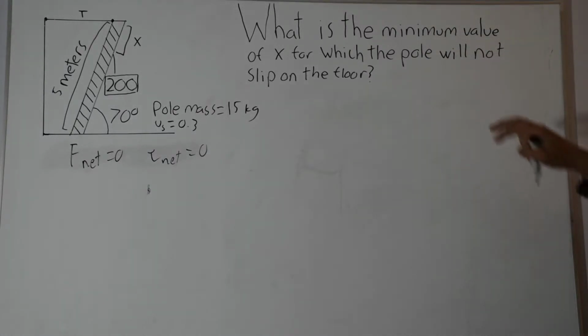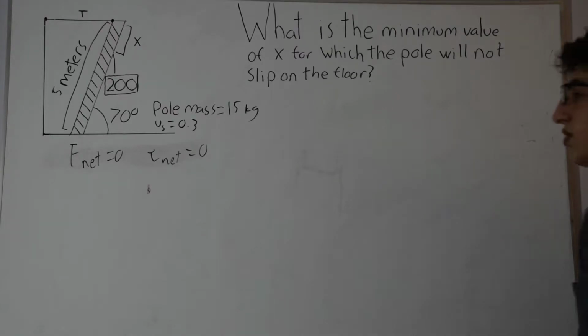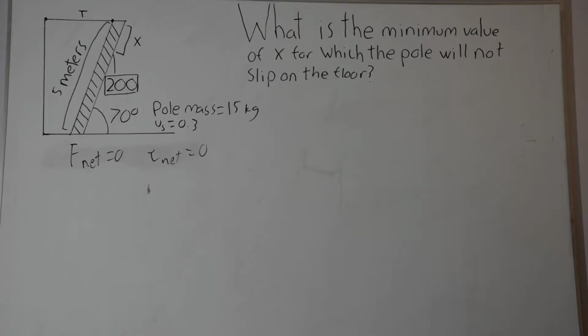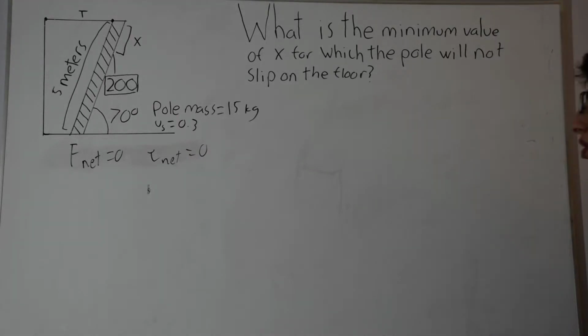Well, we know that this pole is in equilibrium because it has not slipped yet. So that means that there must be no net force on the pole, because otherwise the pole would accelerate in the direction of that force, because force equals ma. And similarly, there must be no net torque on the pole, because otherwise the pole would rotate.